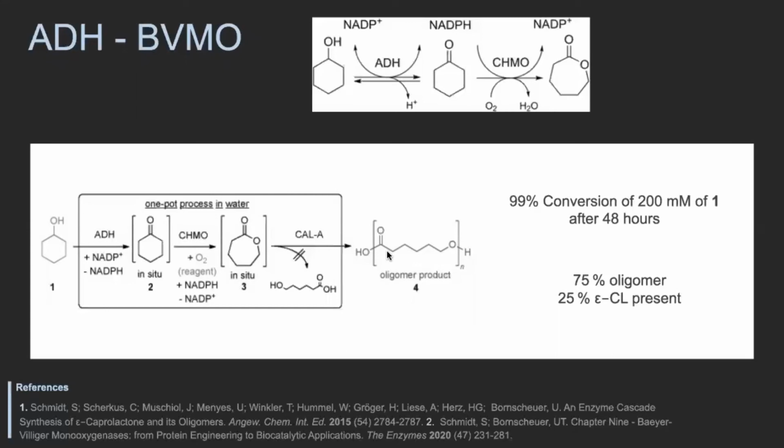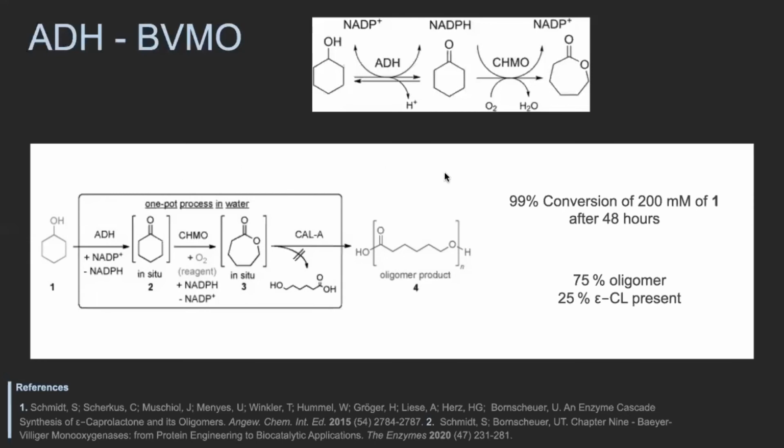The other problem is the inhibition when a high substrate loading of cyclohexanol is used. So their idea was not to add it at the beginning of the reaction, but to do a feeding of the substrate during the overall time of 48 hours.